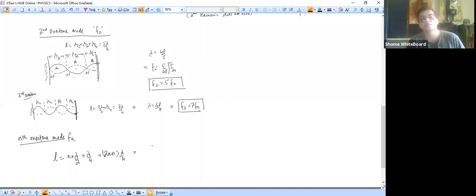So accordingly, lambda will become 4L upon 2n plus 1. So the frequency of the nth overtone will become 2n plus 1 times f naught.